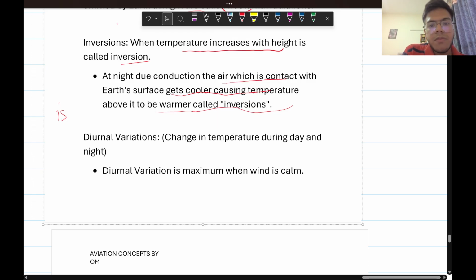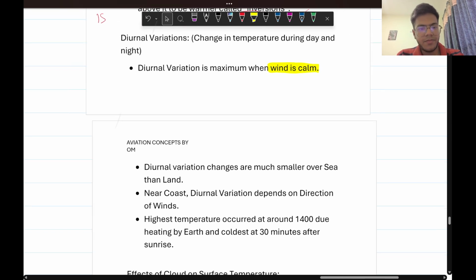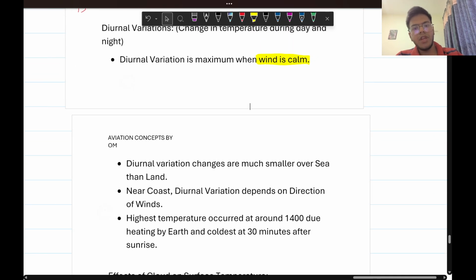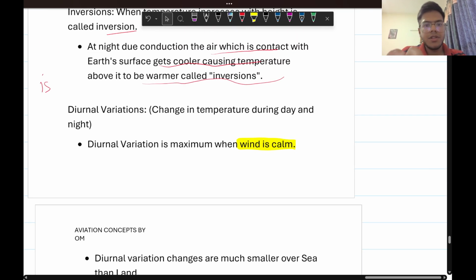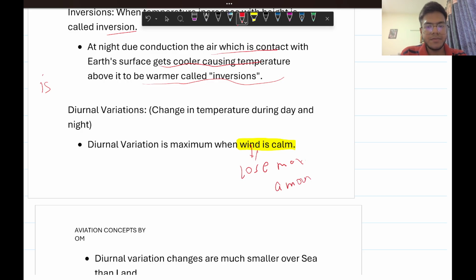Diurnal variation is maximum in calm winds only, not in strong winds. In strong winds, diurnal variation is quite weak. Okay, because in calm winds, you can lose a maximum amount of heat as compared to strong winds or some amount of winds.